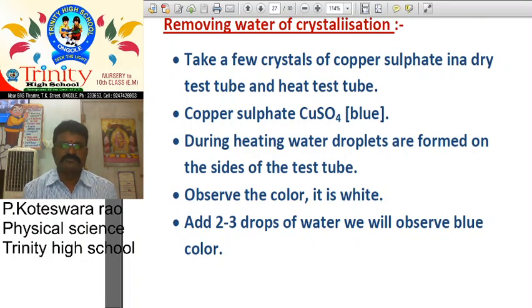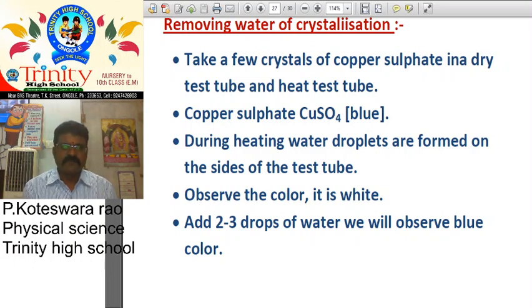It is also a most important 4-mark question: define water of crystallization and explain with an activity. So listen carefully. First of all, what is this activity? It is a most important 4-mark question.